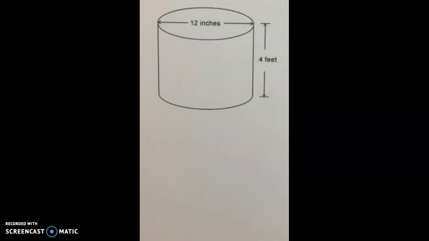All right, ladies and gentlemen, we've got one more example we're going to take a look at, and this cylinder, the dimensions look a little bit different than they did on the last example we did together. This time they're giving us the diameter of the circle. That's the distance across the top of the circle that goes through the middle, but it goes all the way across.